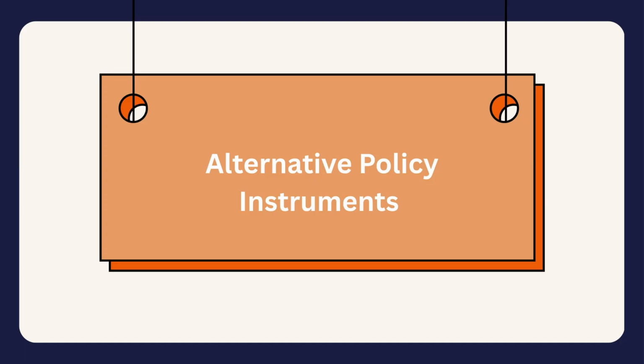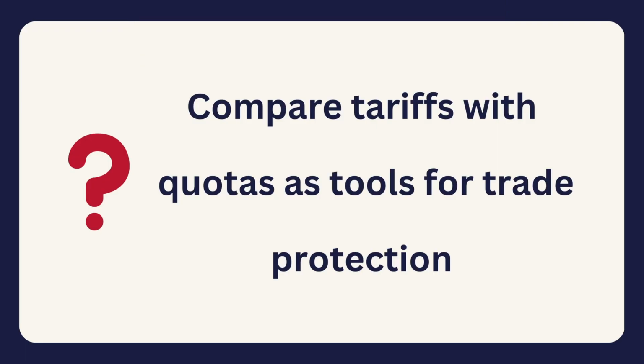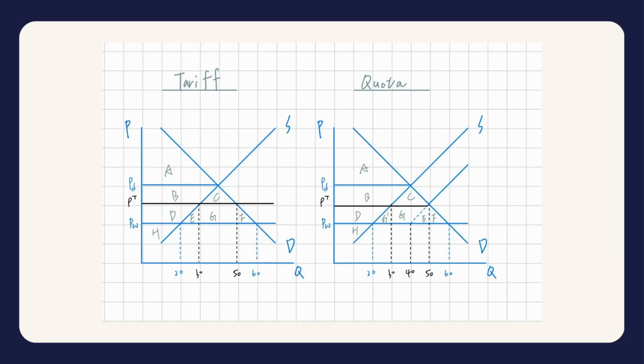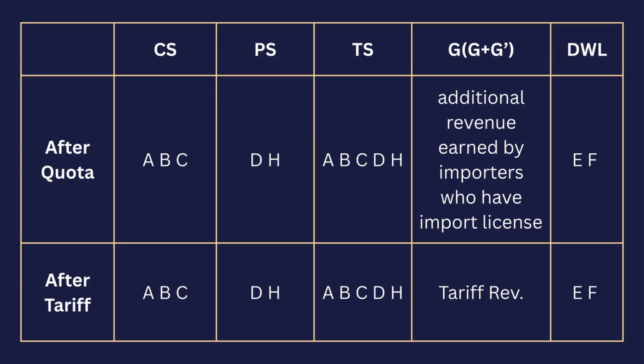Alternative policy instrument. Let's compare tariff with quotas as tools for trade protection. Both tariff and quota can protect domestic producers, and both ways result in identical outcome. Let's see the graph first. This is a graph. And next, let's see the form.